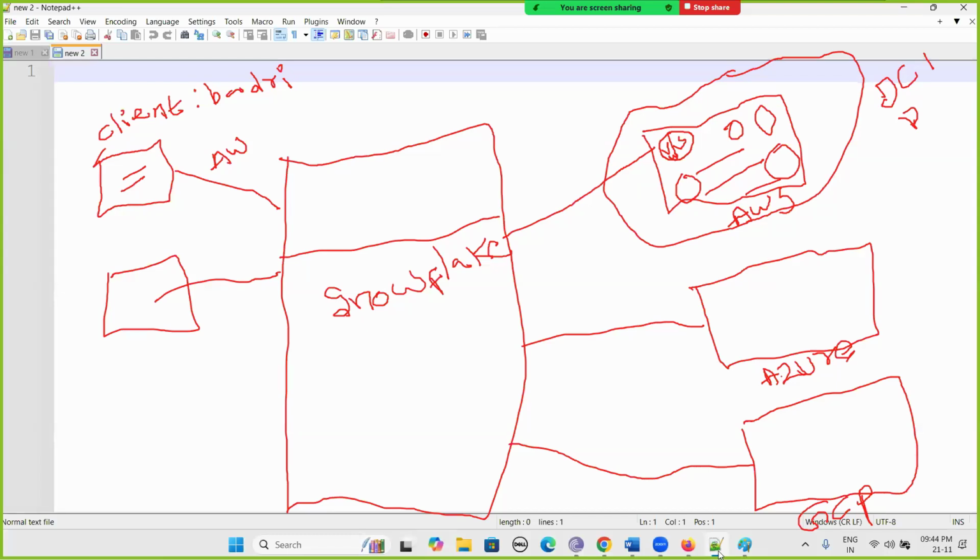Let's say I created a Snowflake account with an XYZ email ID. If the 30 days are completed, you can recreate it with the same email ID. For practice, you need not pay a single rupee. You don't need any credit card or debit card, because you are not directly connecting to the cloud.